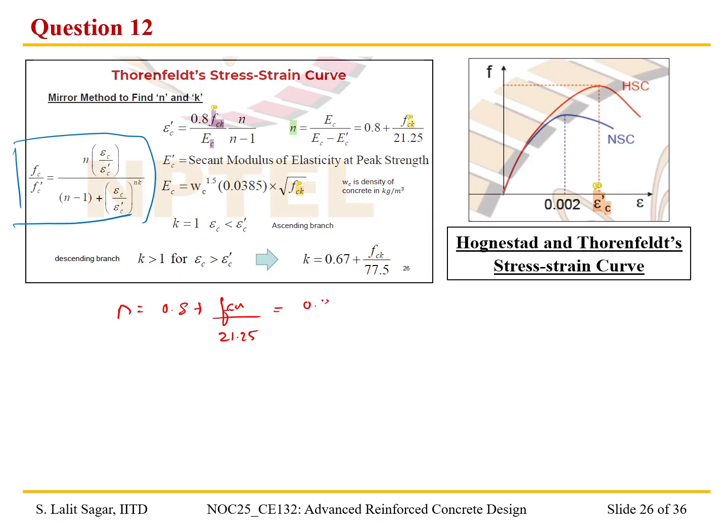We have 0.8 plus, what is fcu? 1.25 into 65, right? f prime c is 65, so it is multiplied by 1.25, divided by 21.25, which gives us the value of n as how much? What is the value of n? 4.62.